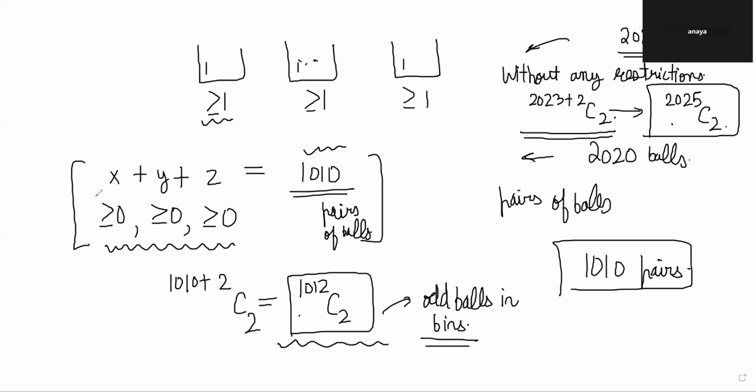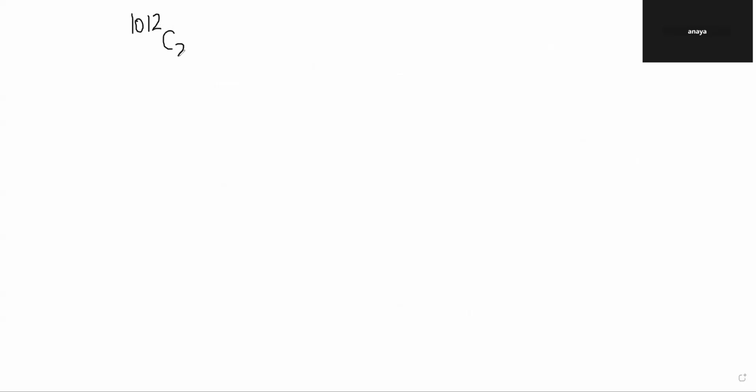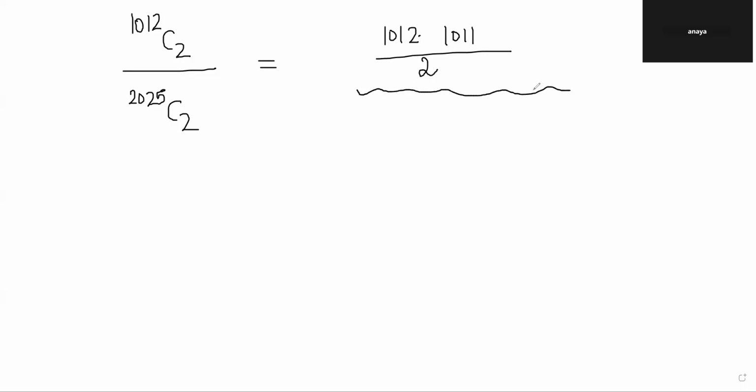We have to now find that and find the option that is closest to it. So 1012 C 2 divided by 2025 C 2. N C 2 is n into n minus 1 by 2. So this is 1012 into 1011 by 2, divided by 2025 into 2024 by 2.